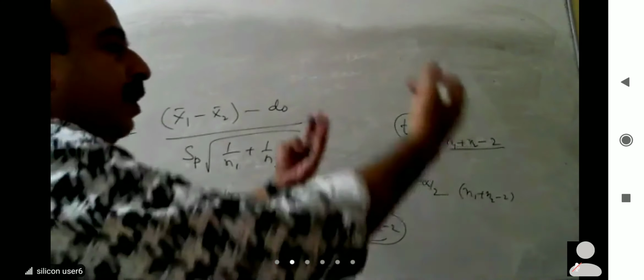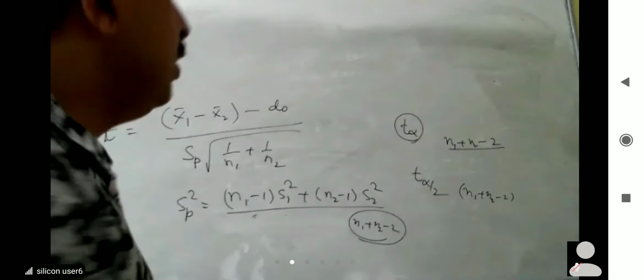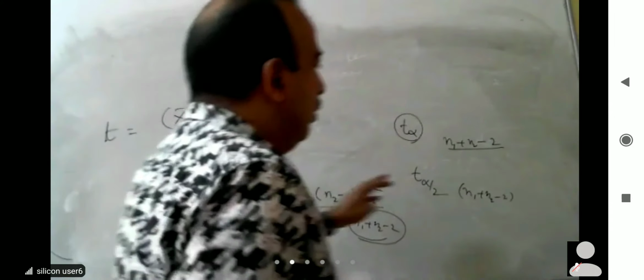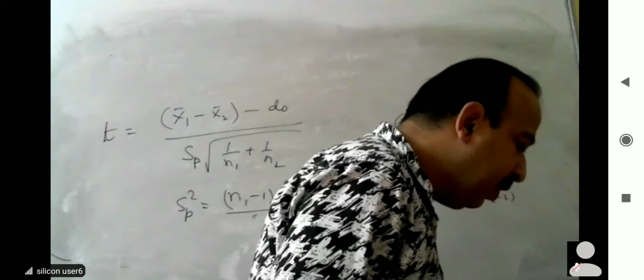Then, as I said, suppose you want to find the confidence interval. Confidence interval means two tail. Same thing, you write there. Can you find these things? Yes or no? Yes, sir.